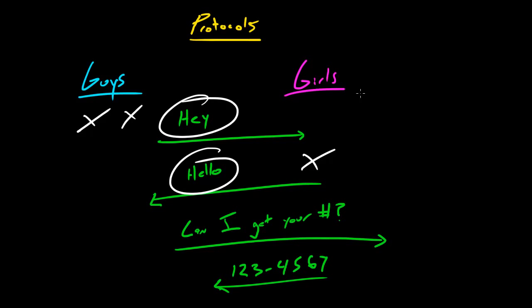So, these are the basic rules. One, one person talks at a time. Two, when a guy talks, a response from the girl is expected. And three, specific messages receive specific responses. That's what makes communication possible with human beings, and also what makes communication possible between computers.